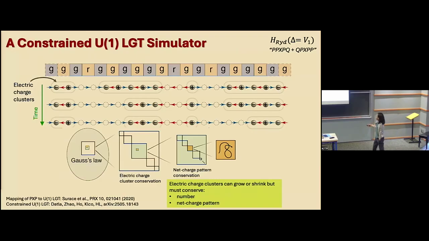Okay, and so this gives us a very nice physical understanding for where Hilbert space fragmentation comes from, right? Where you have satisfied the Rydberg blockade constraint, you're in the PXP Hamiltonian subspace, then you have satisfied Gauss's law. And then within that, for some given initial state, you've chosen some given number of electric charge clusters that you can create.